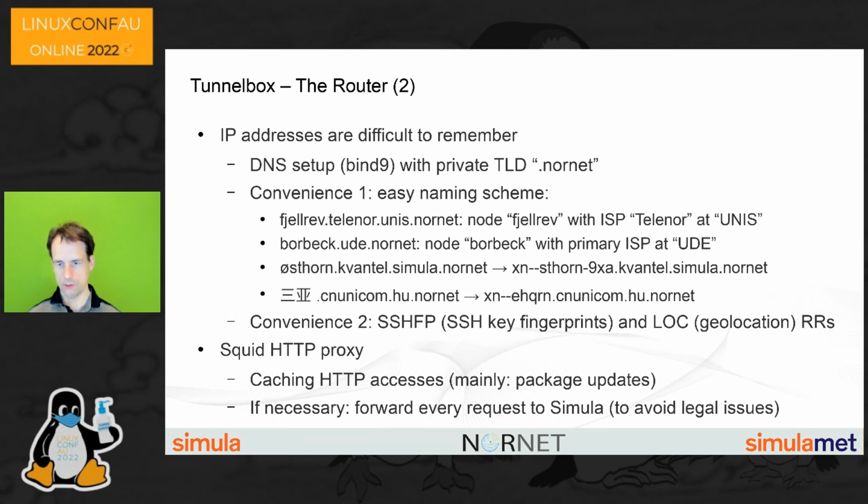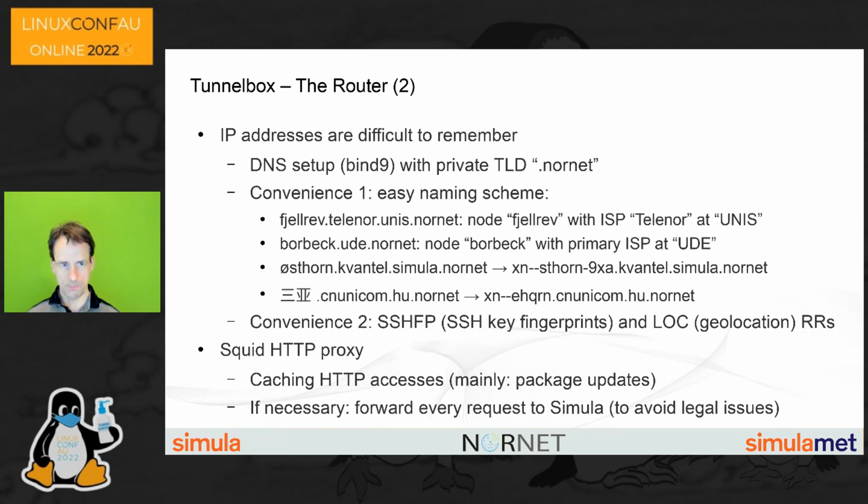So on the tunnel box there is also a Squid proxy running to cache particularly Linux installation packages, so that if multiple virtual machines at a remote site have to download the same package, not all of them have to be downloaded via Simula.